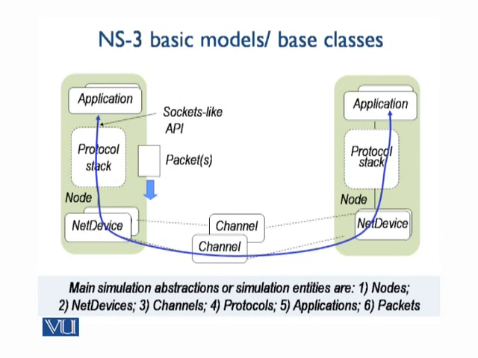You have around 5 to 6 very important classes. The first fundamental class is the node class, and then you have net devices, then you have channels, protocols, applications, and packets. These are all abstractions. So we can make use of these abstractions to define the real system that we are trying to model and simulate.